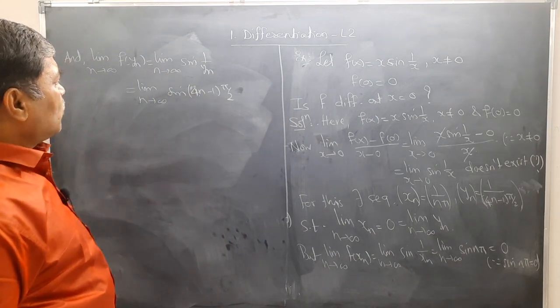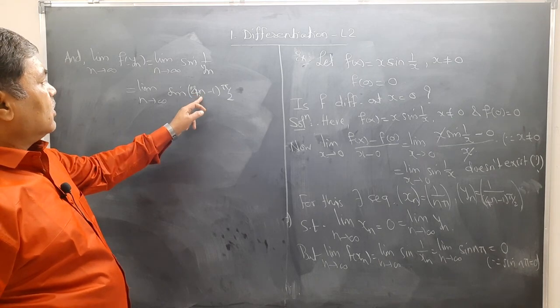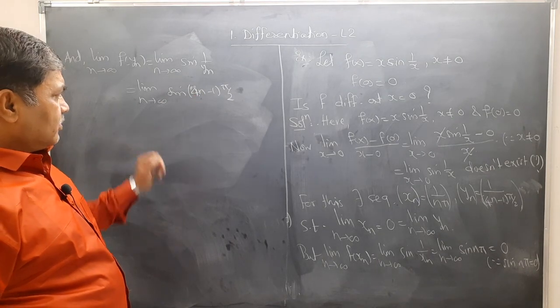So if I put n equal to 1, I will get sin of 3 pi by 2.